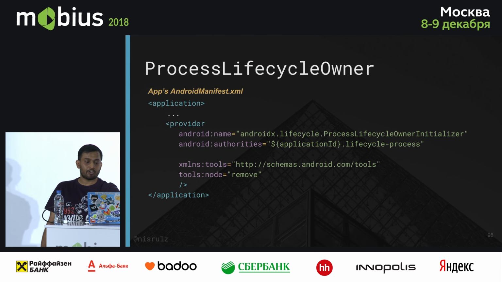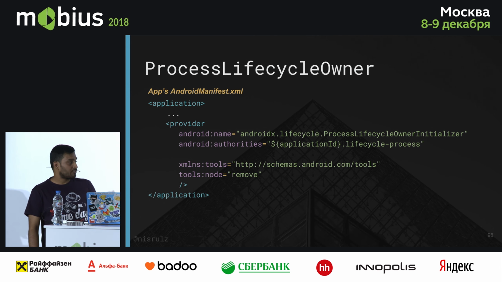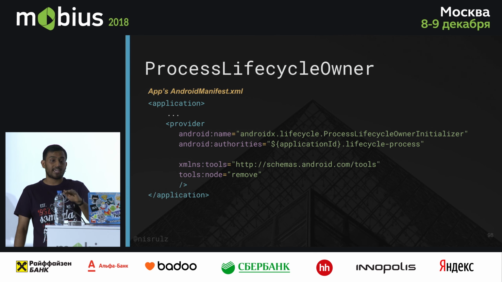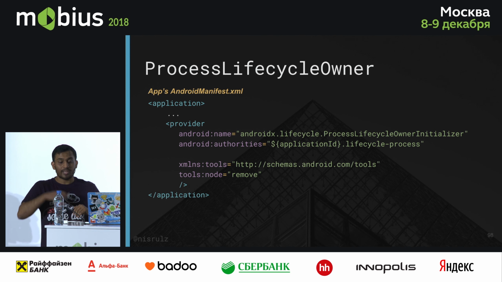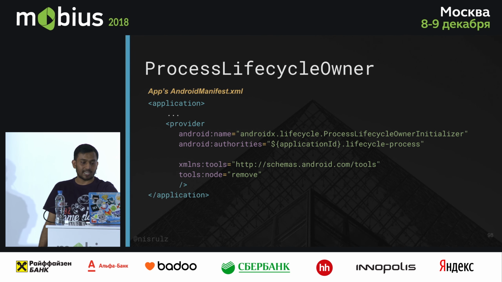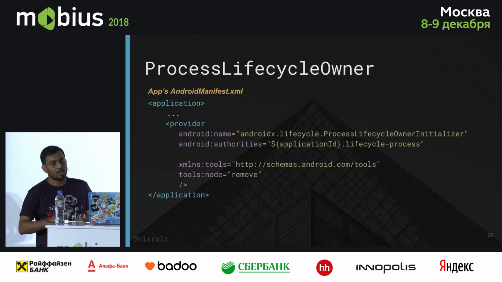So I take the android:name and android:authority attributes, then I add the tools XML namespace and the node remove attribute. When I put this into my app's manifest file and the merger phase goes through, it knows that this particular provider cannot exist at the end of the merge. So the provider never ends up in the manifest, and ProcessLifecycleOwner never initializes.